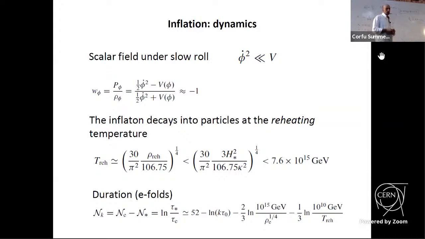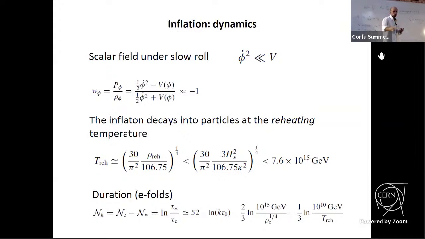Anyway, so the picture is that the universe at the beginning is cold, it's empty, but filled only with the inflaton field in its vacuum state. Then it undergoes a phase of inflation, and at some point inflation ends because, if you have a potential with a plateau, then you may reach some minimum.